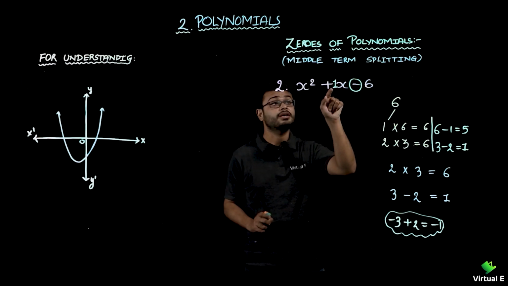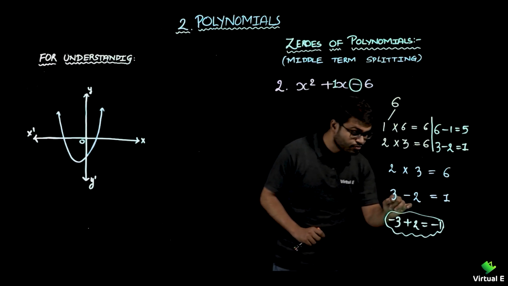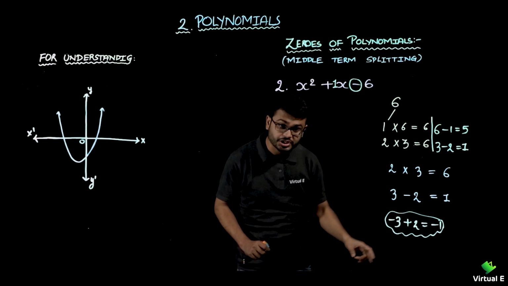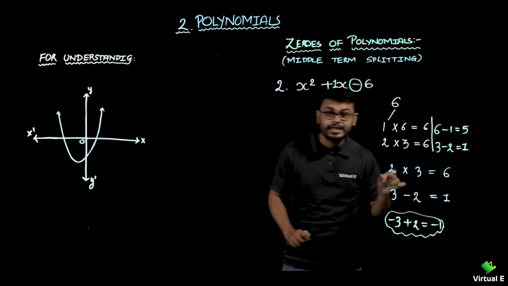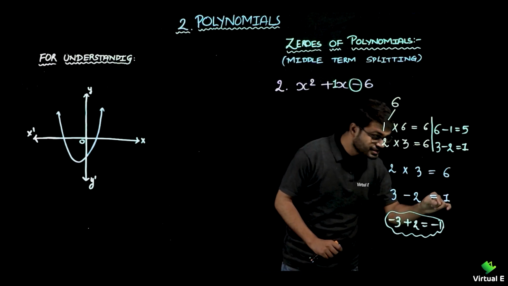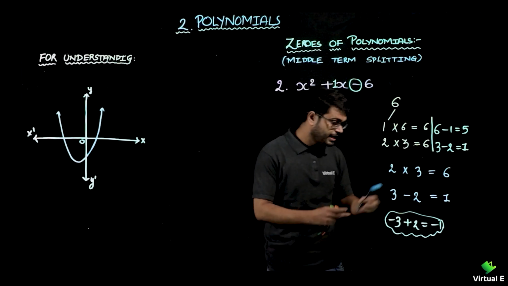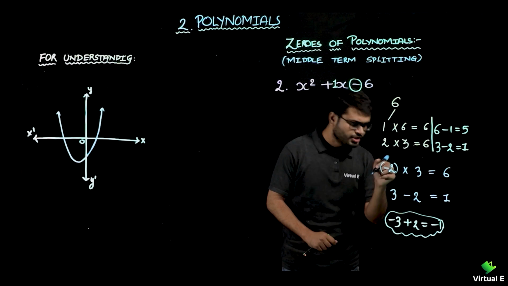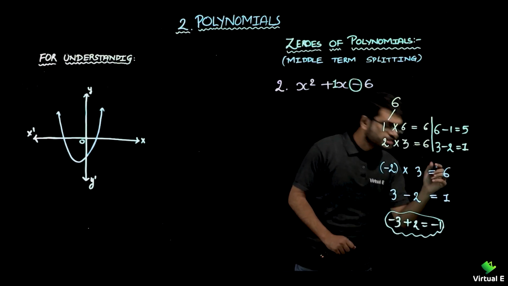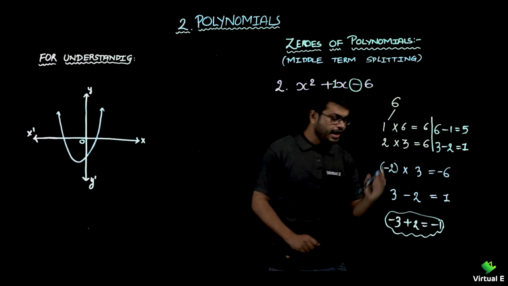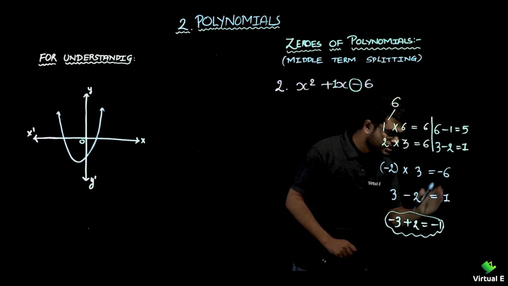What do we want over here? That positive 1. So that's why I need to take 3 as positive and 2 as negative, right? So I will get a positive answer. But in case of multiplication, I should be getting negative. So -2 multiplied by 3 is equal to -6 and 3 minus 2 is 1.